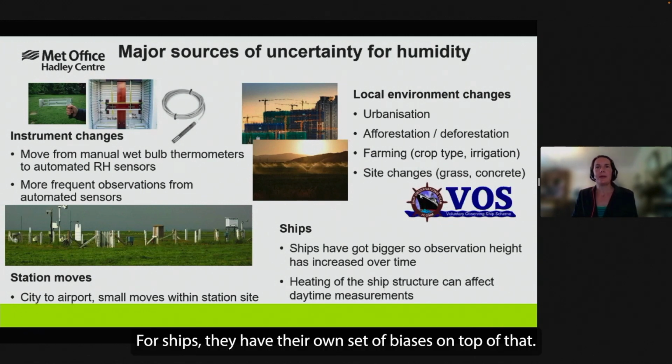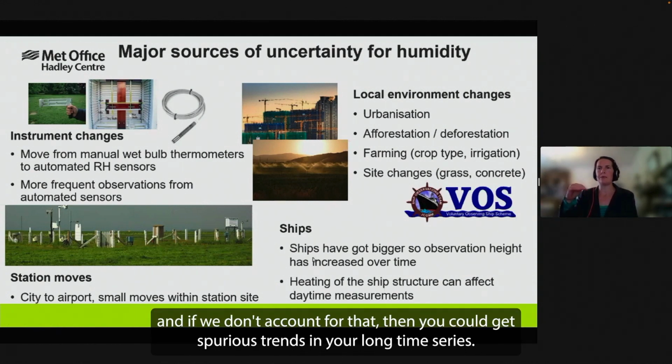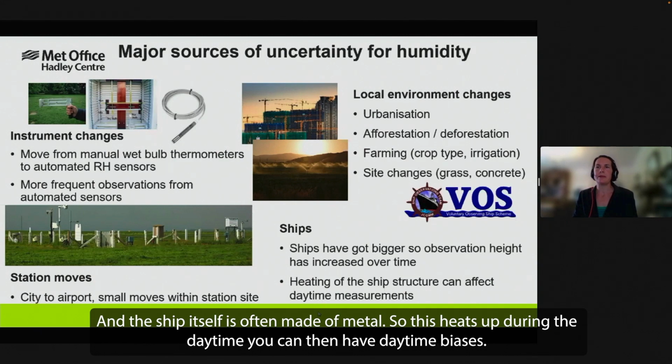And for ships, they have their own set of biases on top of that. So ships have got bigger over time, which means that the observation height has increased. And if we don't account for that, then you could get spurious trends in your long time series. And the ship itself is often made of metal, so this heats up during the daytime and can have daytime biases.